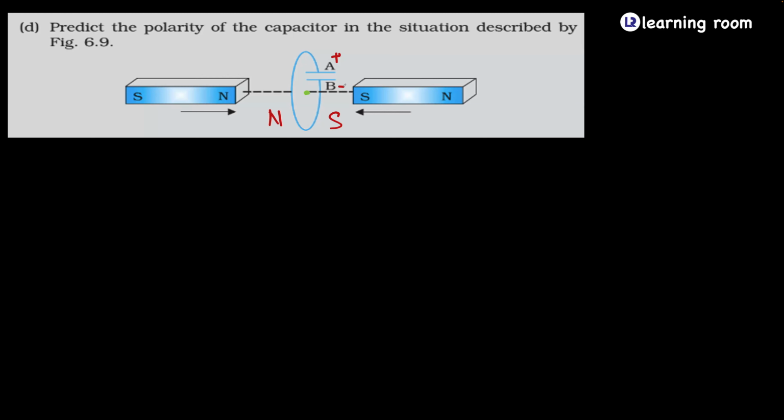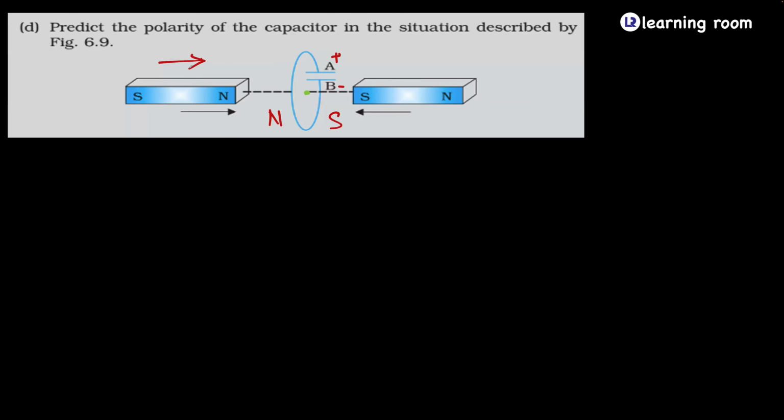See, just a slightly higher order thinking point. Listen to this carefully. Had they twisted the question and told that the south pole is going to move away. Listen to my point. This is clear, no? No confusion. What is happening? One side north, one side south. Suppose in this question, they told that the north pole is moving closer and the south pole is moving away.